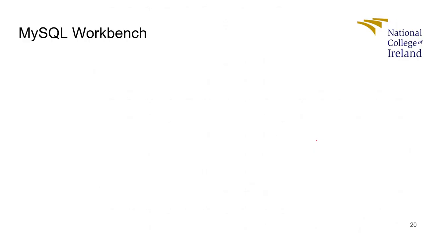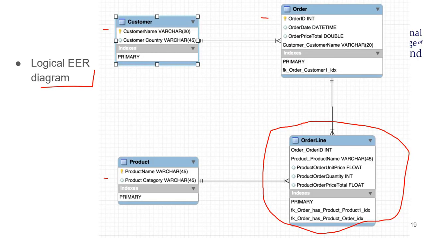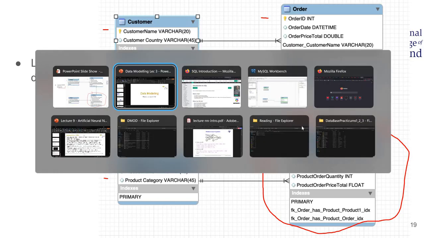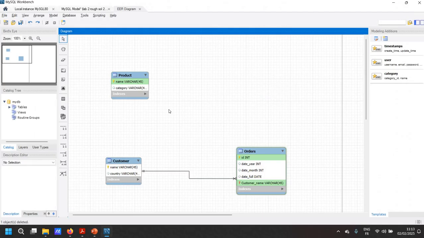So I'll just show you quickly how this sort of junction table can be added automatically in MySQL Workbench. Okay. So here I have got customer, I've got orders, I've got product. Between orders and product, there's an n-to-m relationship.